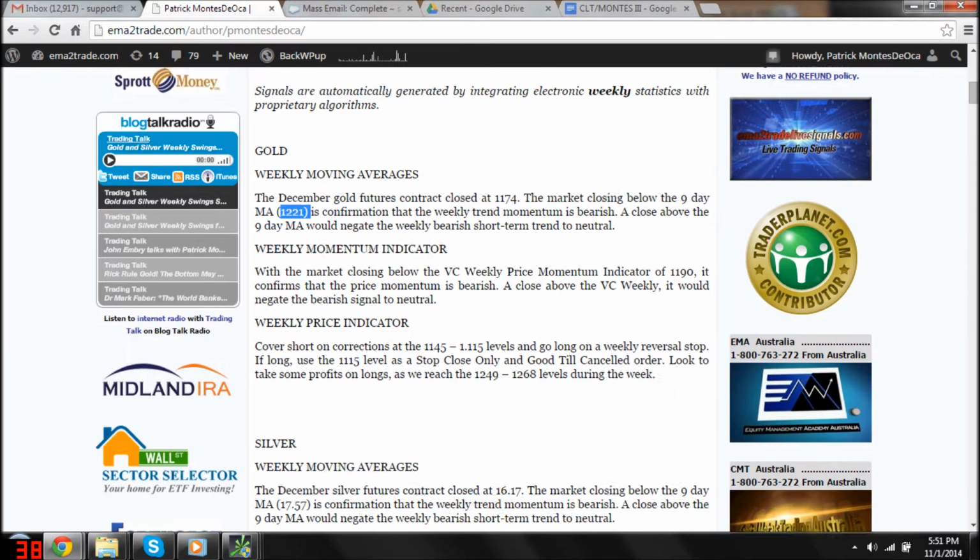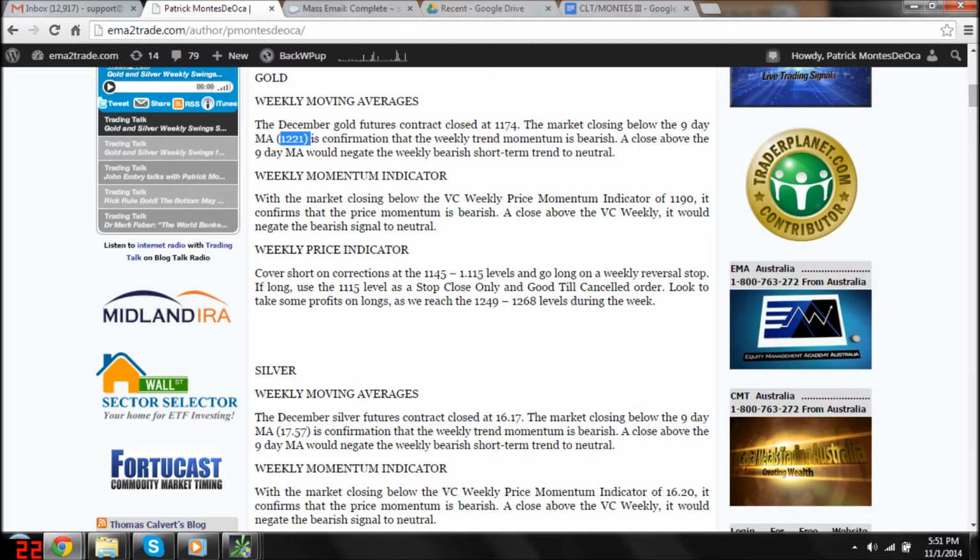The weekly momentum indicator are the algorithms that we use that tells us basically the metrics or the pivot points for next week in order for us to swing trade in gold. With the market closing below the VC weekly price momentum indicator of 1190, it confirms that the price momentum is bearish.